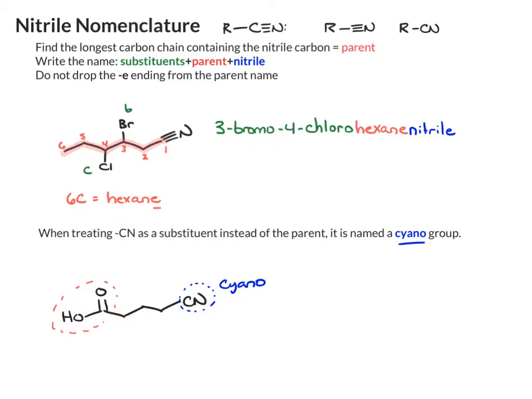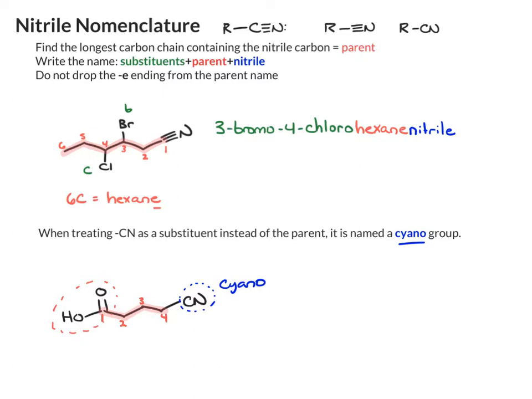So now when we highlight our parent chain, start at the carboxylic acid carbon, but now the longest carbon chain does not include the carbon of the nitrile because it's not the parent, it's a substituent. So now we'll number this, start at the carboxylic acid.